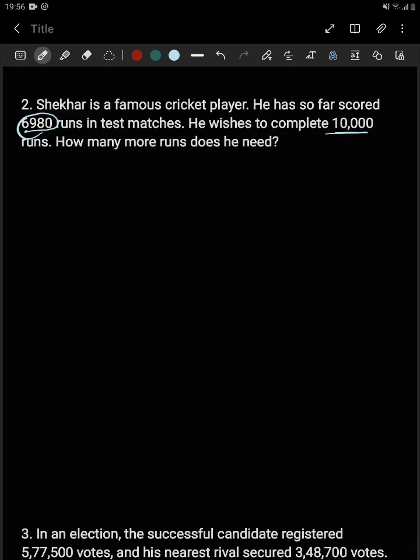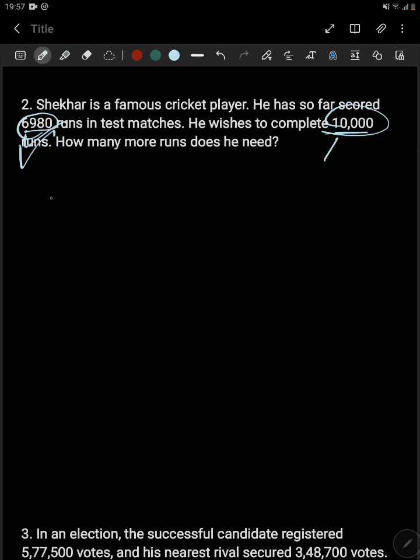So how many runs does he need? Means already this much he has made and he wants to go to this. If we want to find out how many runs he needs, then we need to subtract this number from 10,000. Okay, I think you got the point.